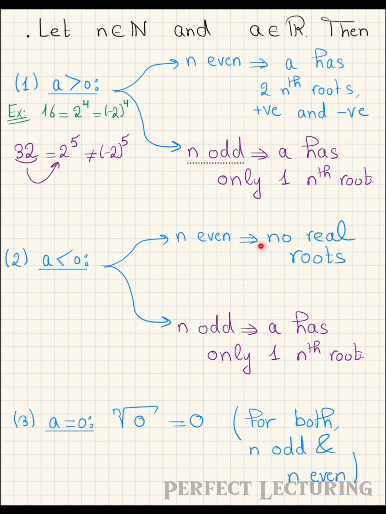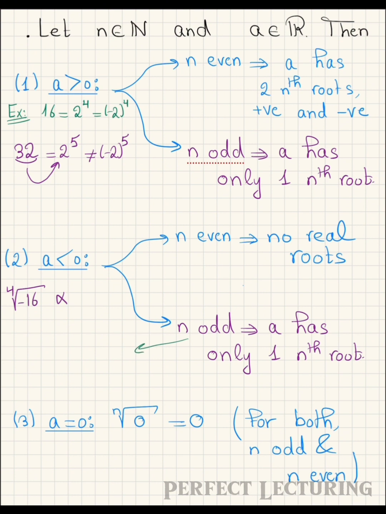Now the second case is a negative. If a is negative and n is even, then we have no real roots. For example, if I try to find the fourth root of negative 16, that's not possible because there is no number whose power of 4 is negative. Again, as we said before, minus to the power of even is always plus. So if n is even, no real roots exist for a negative.